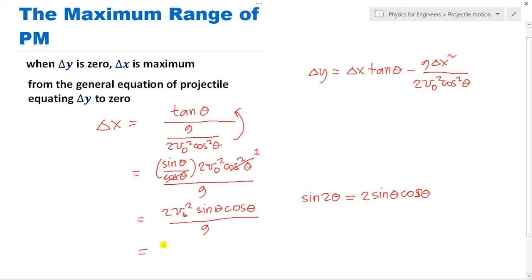So now we already have v naught squared sine 2 theta all over g. So therefore we can now solve our range, which is equal to the square of our initial velocity times the sine 2 theta, where theta is our throwing angle, all over g. So just take note of our formula in finding the maximum range.